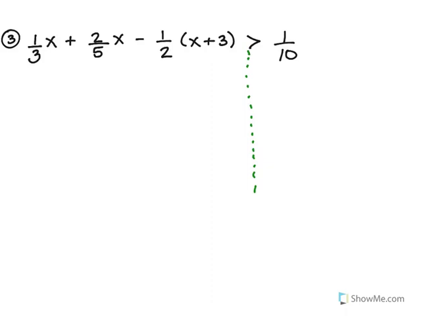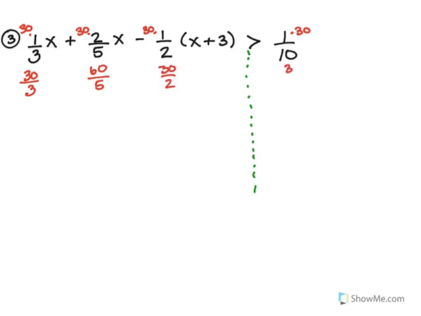Okay? So we're going to multiply each term by 30, and each one of your terms has a fraction. So you multiply 30 by what's on top, and then you divide by what's on the bottom. Good.